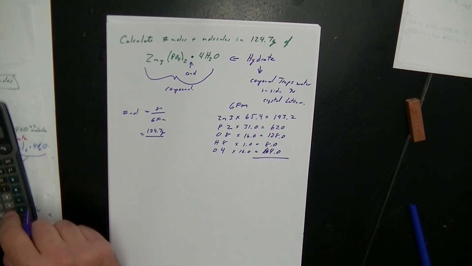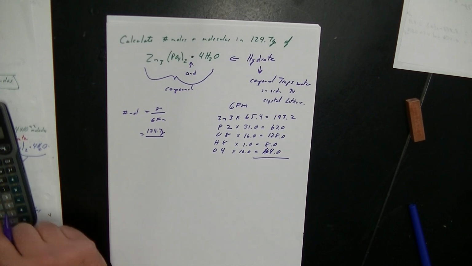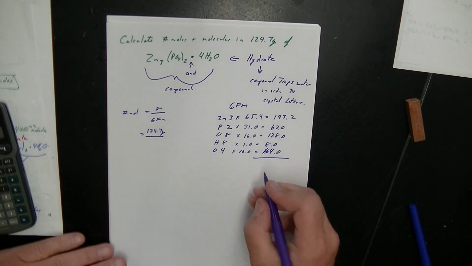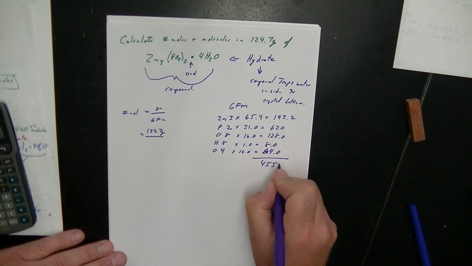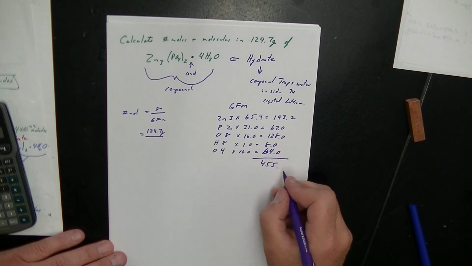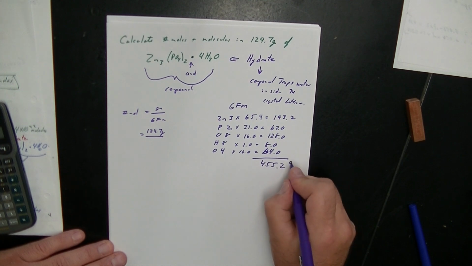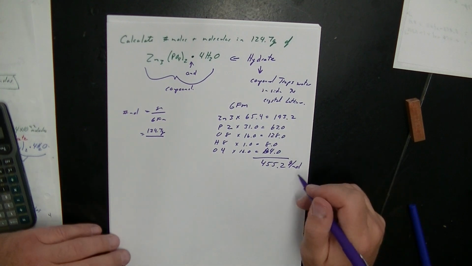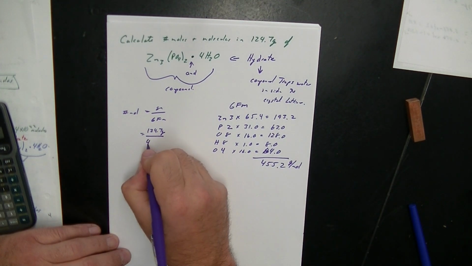So 193.2 plus 62 plus 128 plus 8 plus 64 equals 455.2 grams per mole. All right, so then we bring this over here.